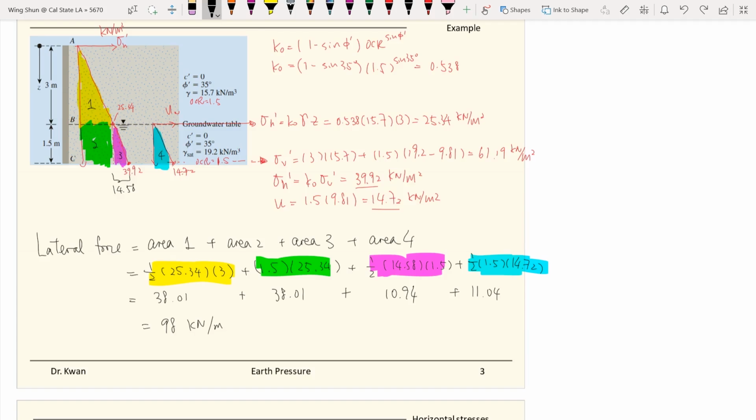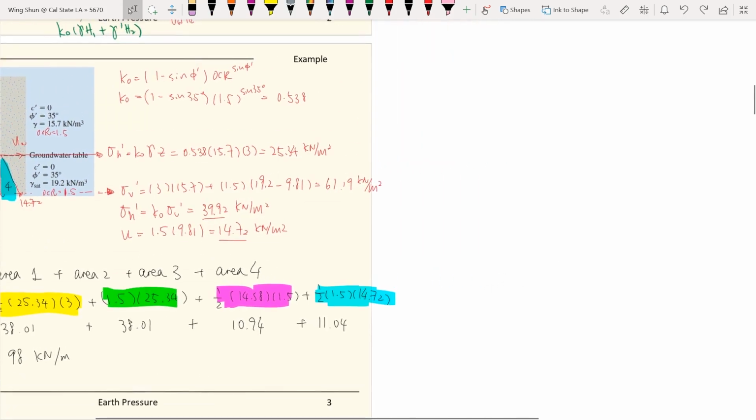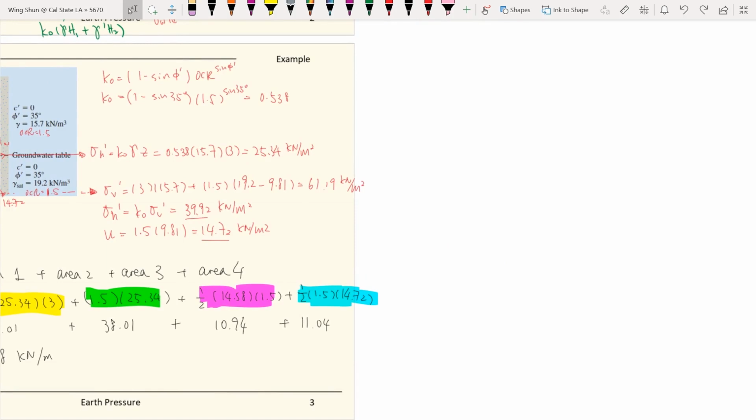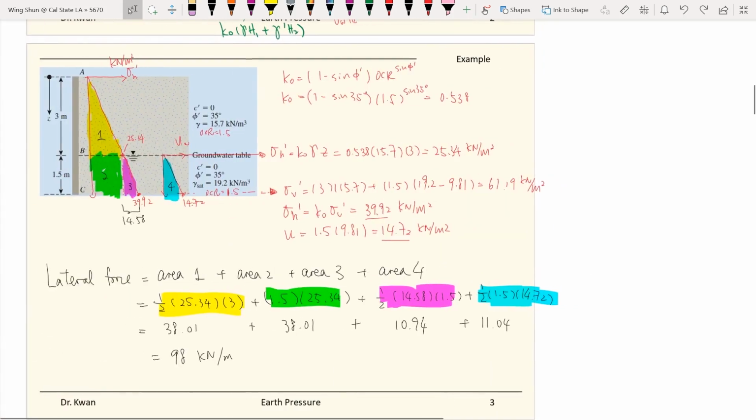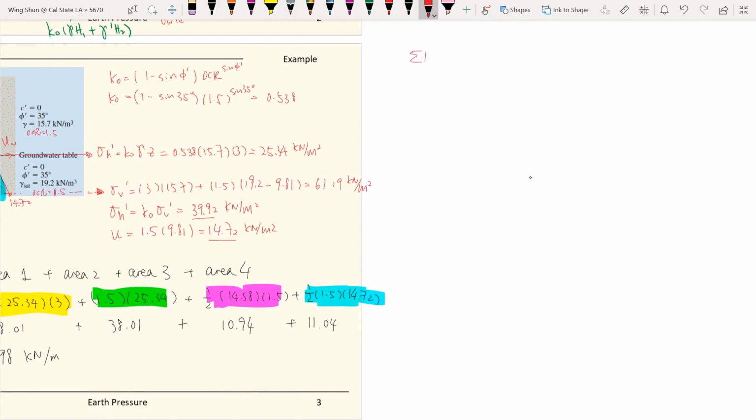Next we try to find the location of this lateral force. What we need to do is take moments at point C. So this is our point C, which is the bottom of the wall.